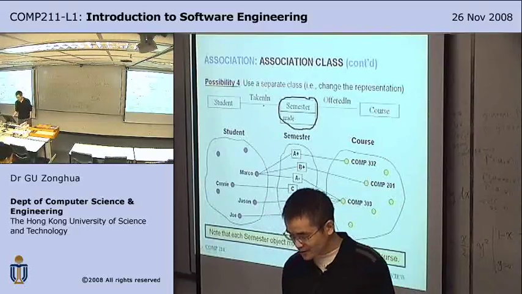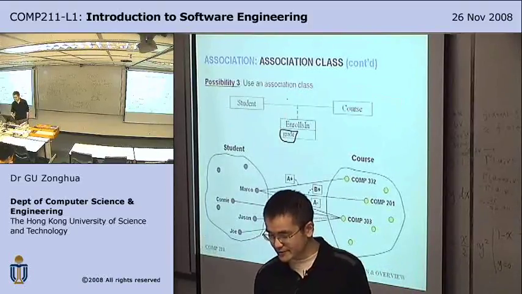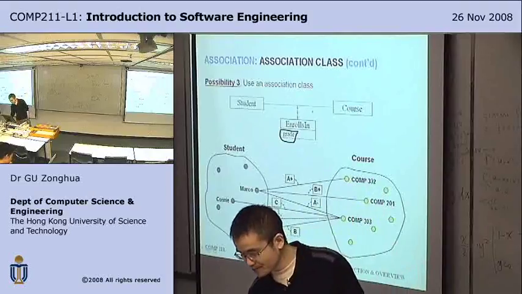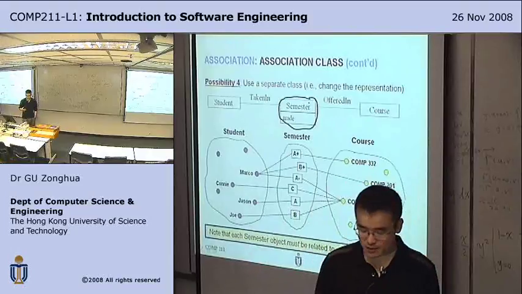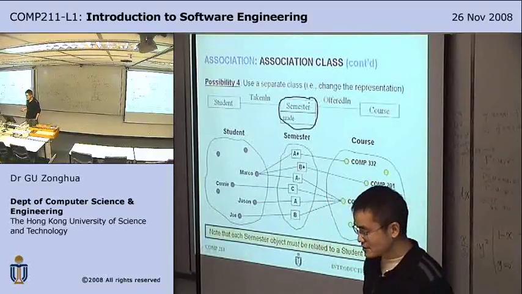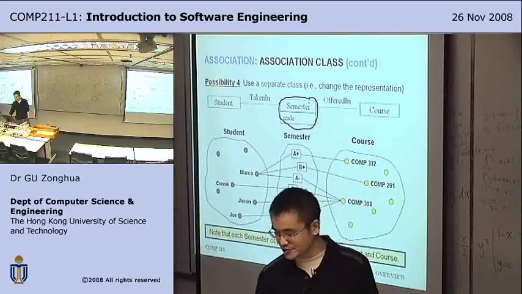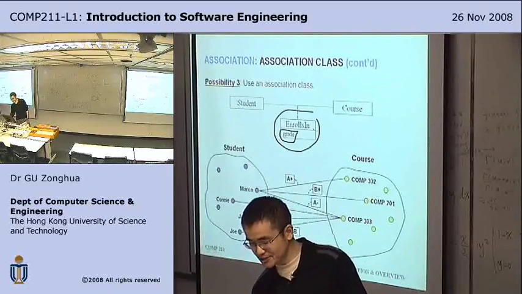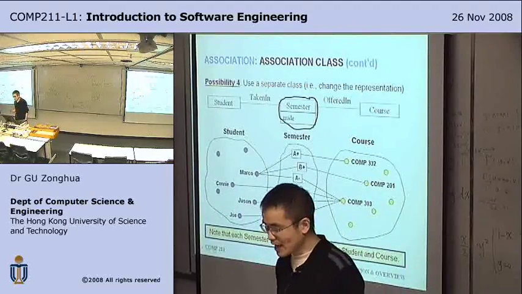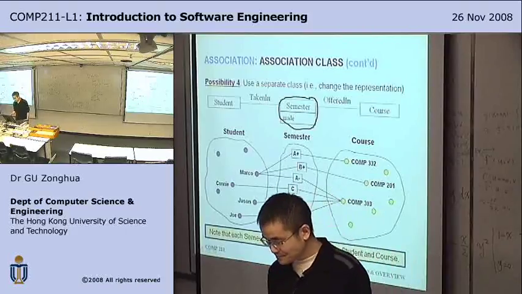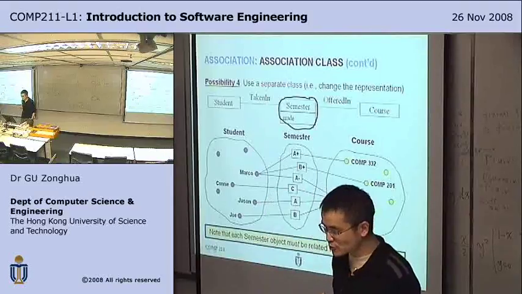Both are okay, but the association class approach is more specific, while the separate class approach is more generic. Therefore, when possible, you should try to use the association class to avoid any ambiguities that come with a separate class. So in this case, both are okay, but the association class approach is more clear.